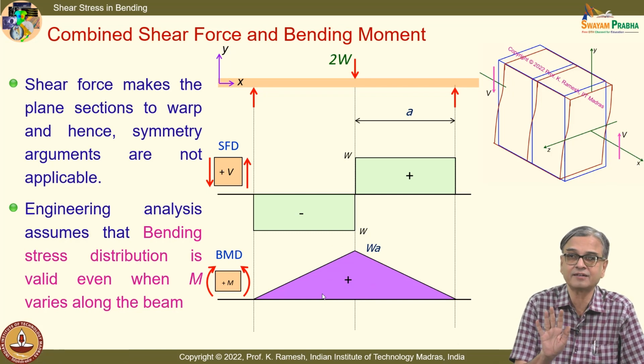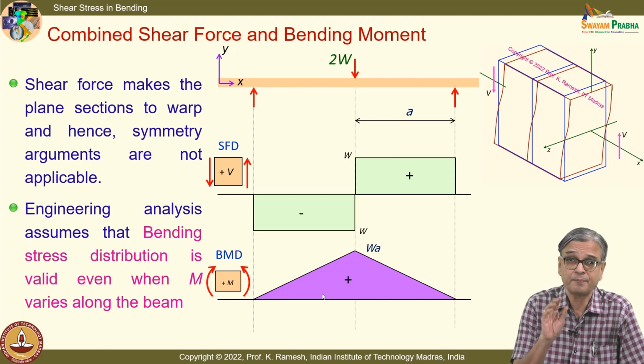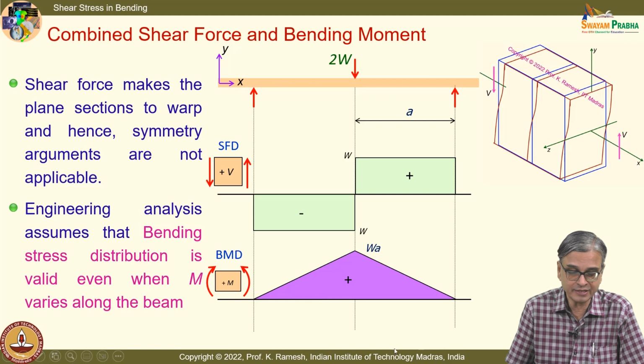That is the way we would use the flexure formula, developed primarily for a beam which transmits only constant bending moment. So even when the bending moment varies, we invoke the same formula and substitute this bending moment.